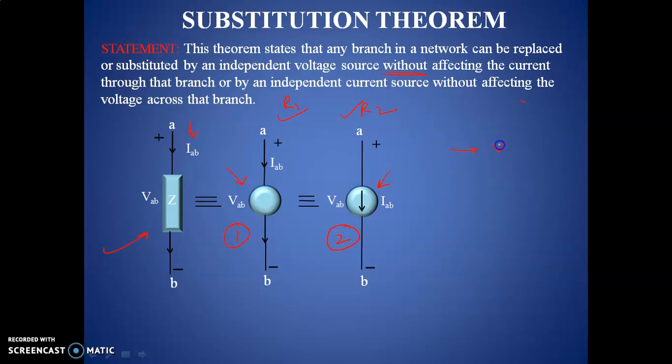If it is a voltage source, the current will not be affected, or if it is a current source, the voltage will not be affected. So this is your substitution theorem. We are going to substitute this either by this one or by this one.